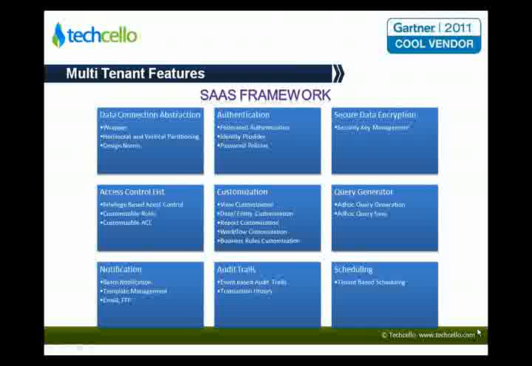So we talked about a lot of NFRs. Some of these components are going to help you in achieving those non-functional requirements. We will again be talking about these blocks in detail, but on a high level, what you're seeing on the slide are the basic building blocks of a SaaS framework.